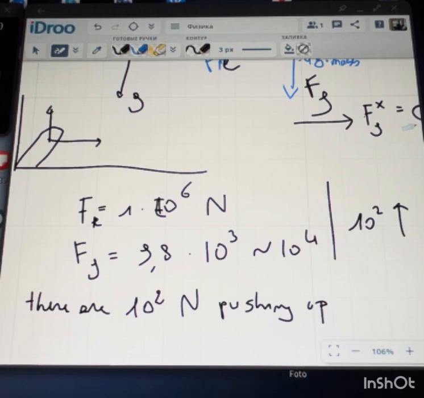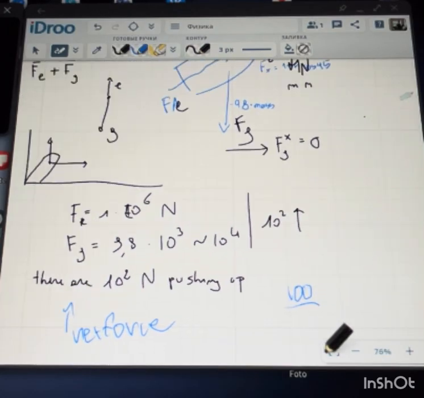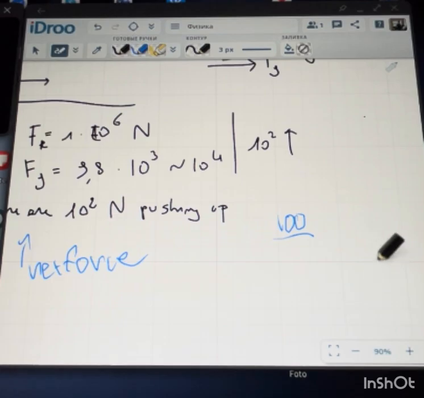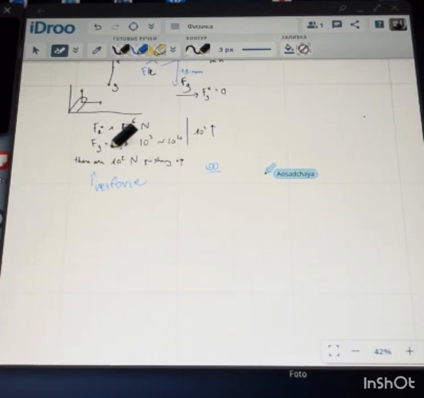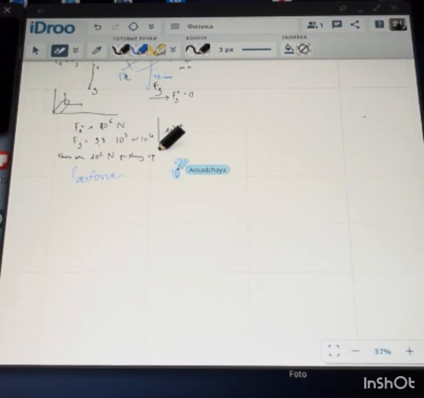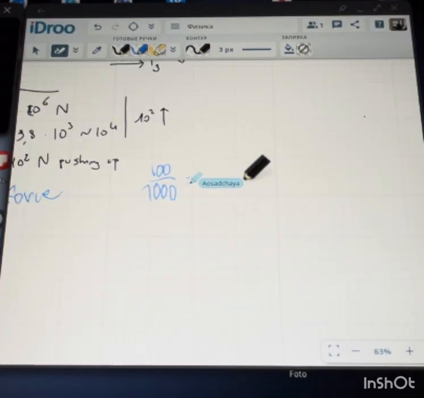So from that we can calculate the acceleration. 100 divided by 1000 is 0.1.